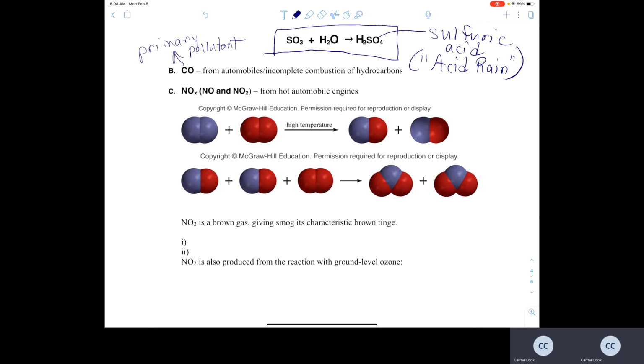And then we have our nitrogen oxides, NO and NO2, which are primary pollutants. And those pollutants come from hot automobile engines. And so it's formed inside of a hot automobile engine because the heat from the automobile engine actually acts as a catalyst.